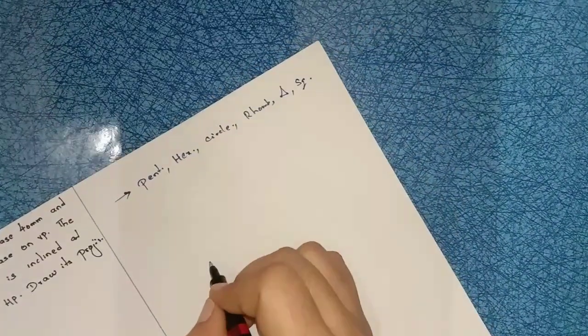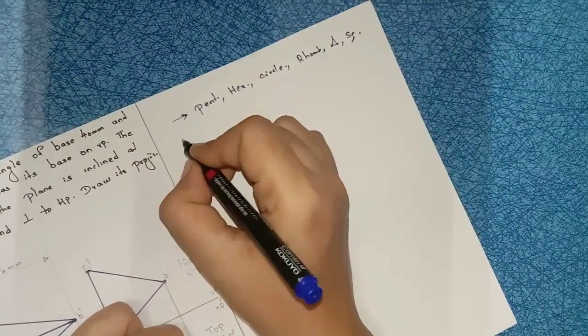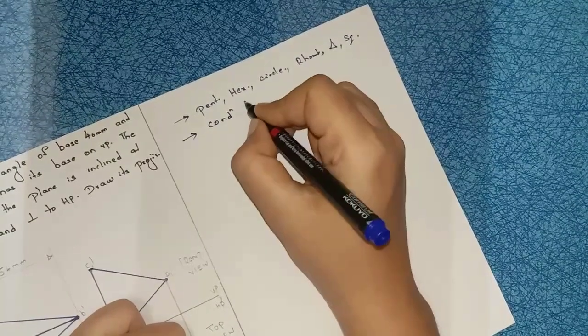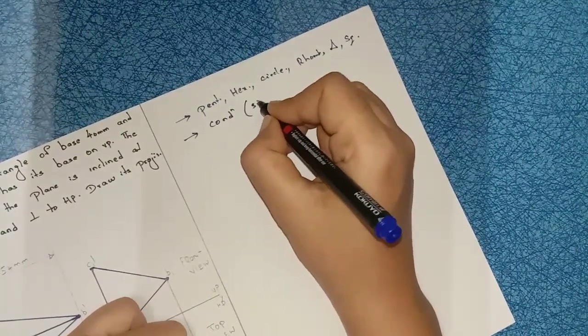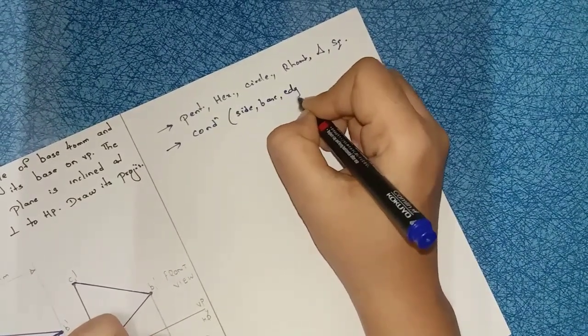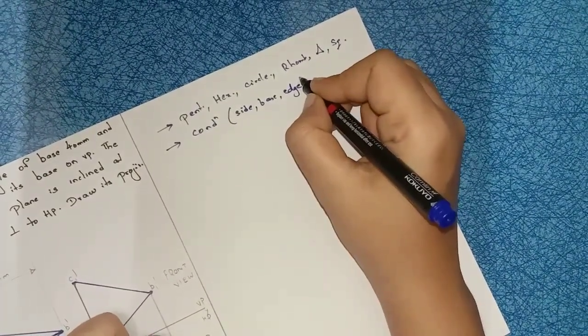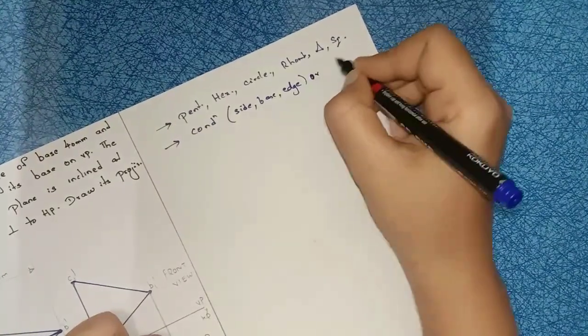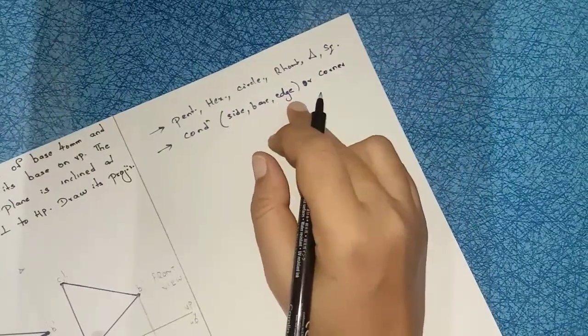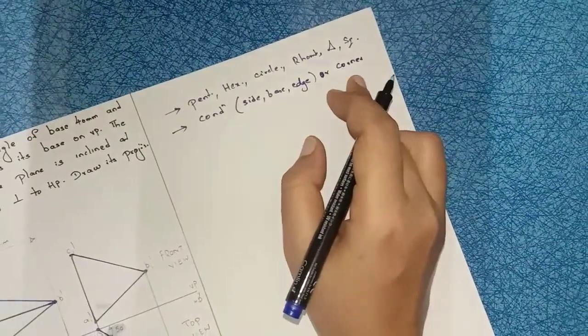They will mention the name of the plane. After that, what is the condition? Condition means side, base, edge, these all are the same, or they will mention corner.